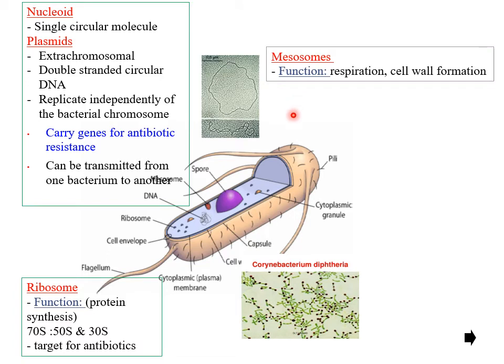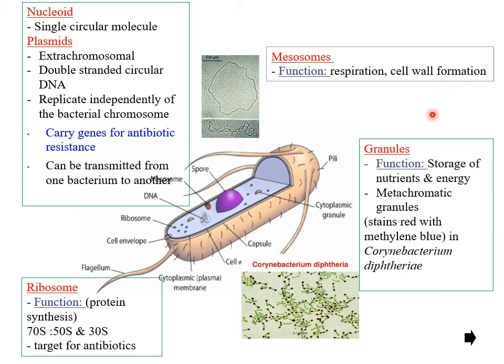We have another important structure we call mesosomes. These are the red part here. It's a structure that is essential for respiration, or the breathing of the cell, and again for cell wall formation, so it's similar to the cytoplasmic membrane. And granules, see the picture here.